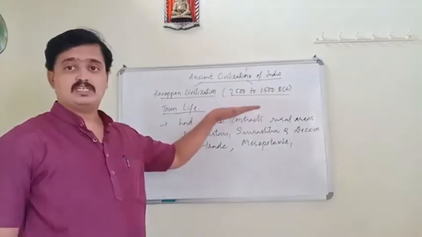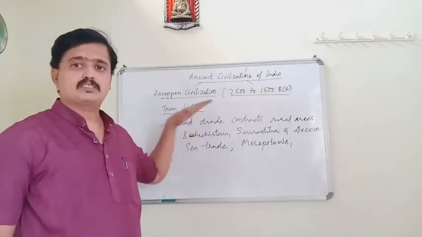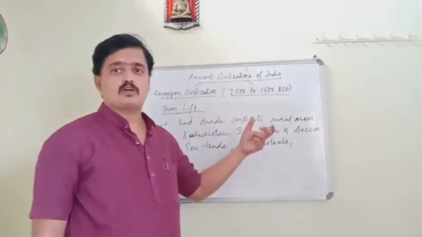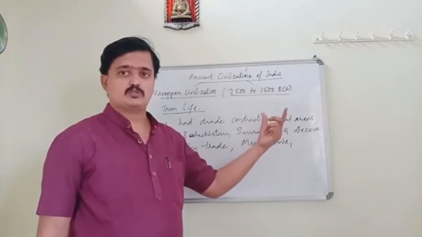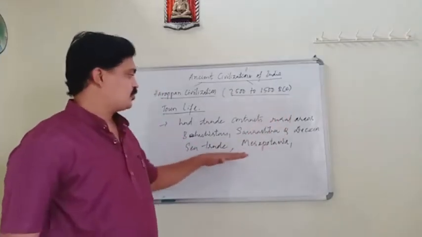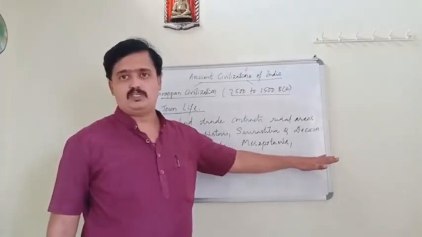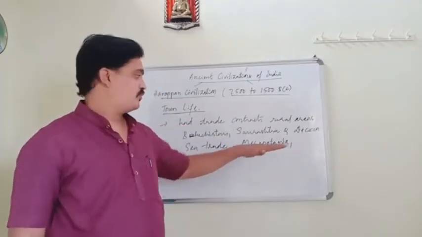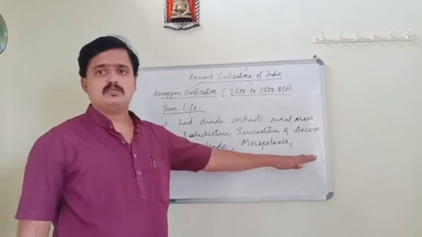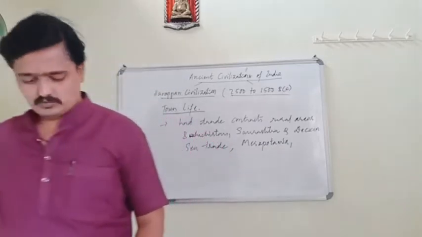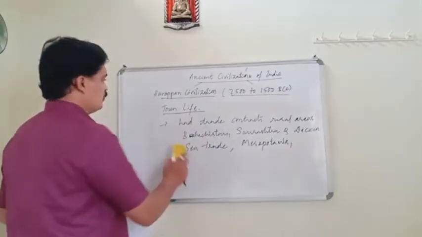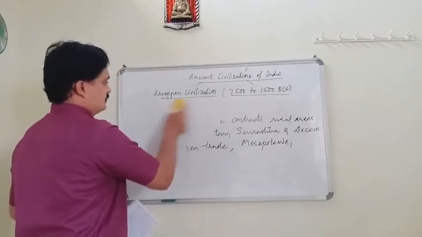We have found the seals, and beads and precious stones also. Archaeologists found those things. From the seals we came to know they had sea trade with Mesopotamia. So these are the highlights of the town life of the Harappans.